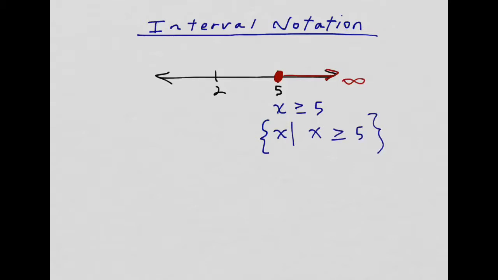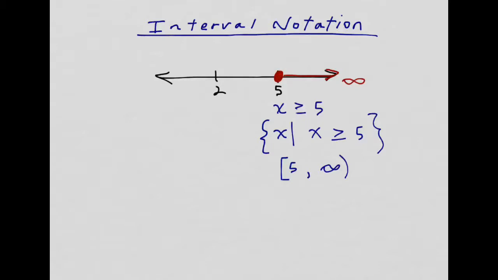What we can do now with interval notation is we can simply say closed bracket, square bracket, 5, comma, infinity, where infinity is always going to have a round bracket because it's an abstract idea, it's not a particular number. This square bracket represents the colored in dot.